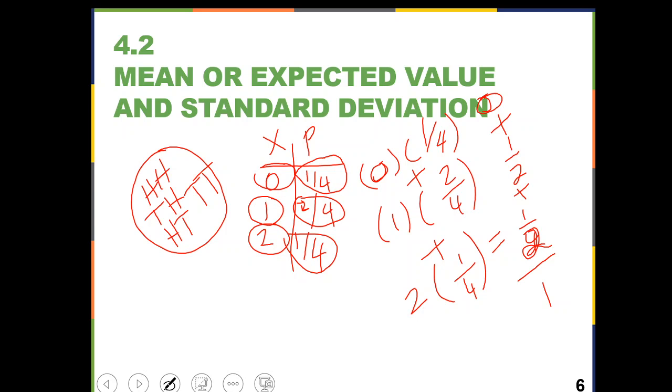So 1/2 plus 1/2 plus 0, that's 1. So they add up to 1.